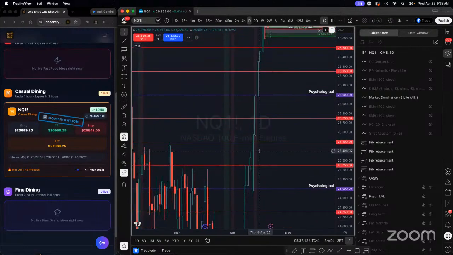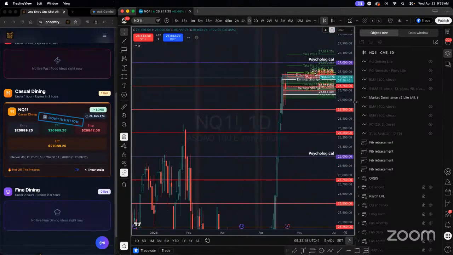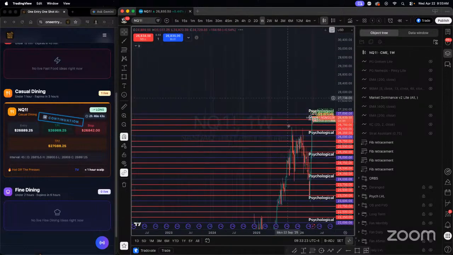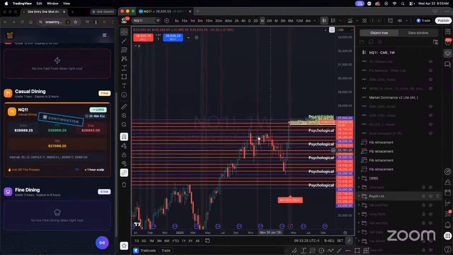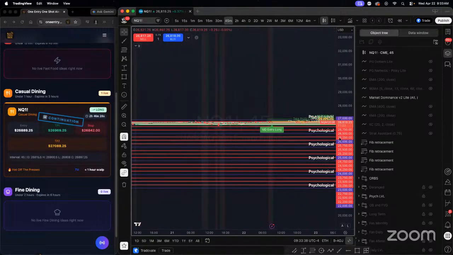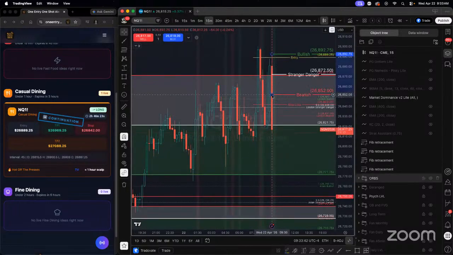I don't know which one they would give up first, but it should give you a nice little push to the downside. Now, some people are saying that there is no crash, there is no AI bubble and everything else. And we've been sweeping all this sell side liquidity here, which is all true, but we just got to be relative and, hey, listen, we're going to go ahead and take what the market gives us. That's all. We're not trying to reinvent the wheel. We're not trying to be right. We just want to make sure we make money.